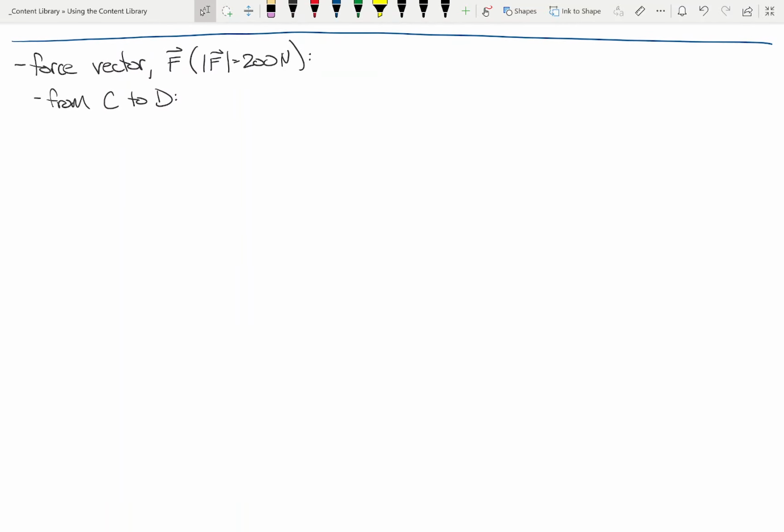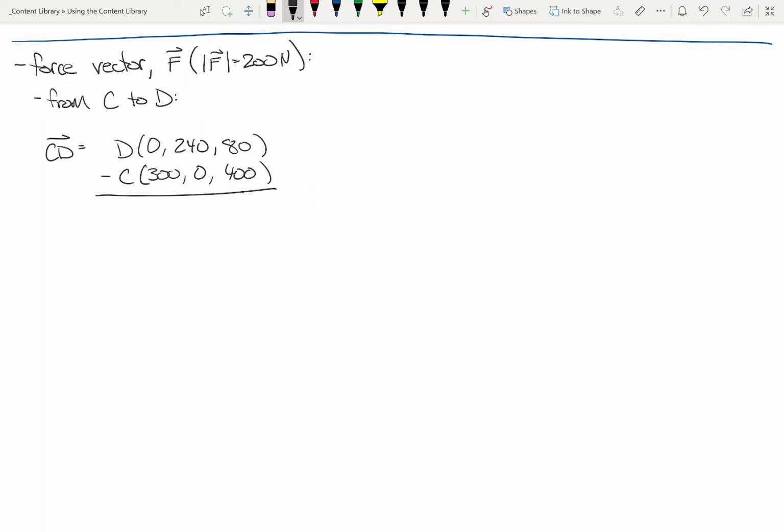Okay. So how are we going to go about this? Well, we need CD. So we'll take point D and point C. Point D is 0, 240, and 80. Point C is 300, 0, 400. We'll subtract them, okay?